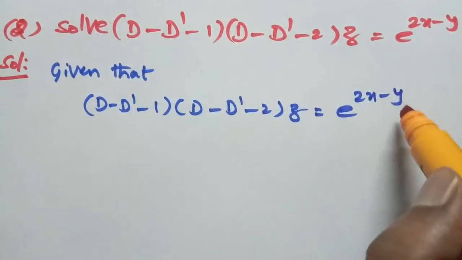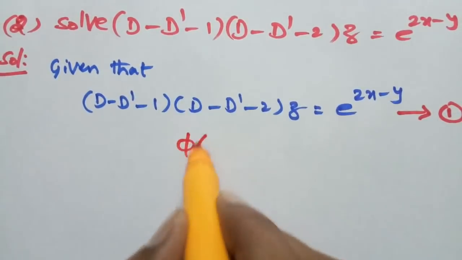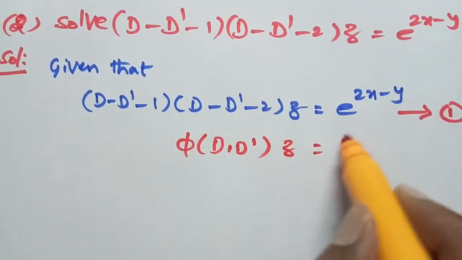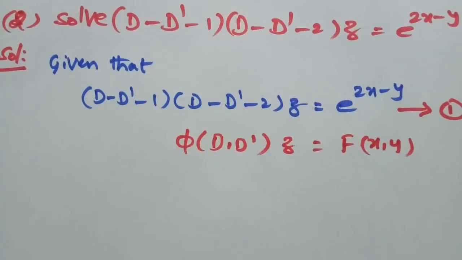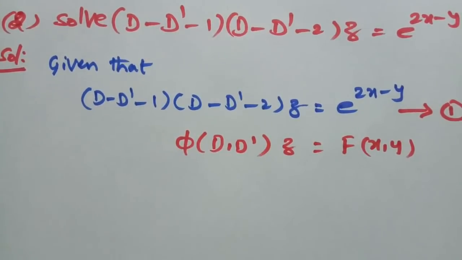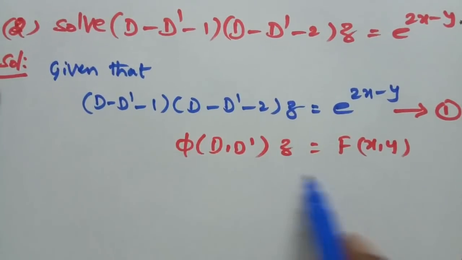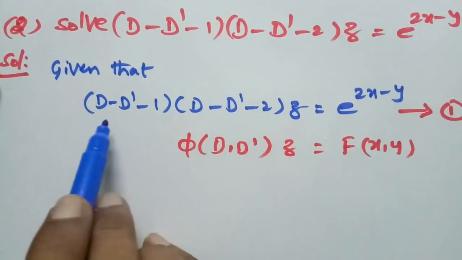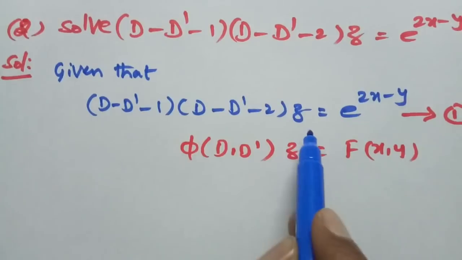Say this is equation number 1. This is of the form phi of D, D' into z is equal to f of x, y. Now this is already given in the form of linear factors.